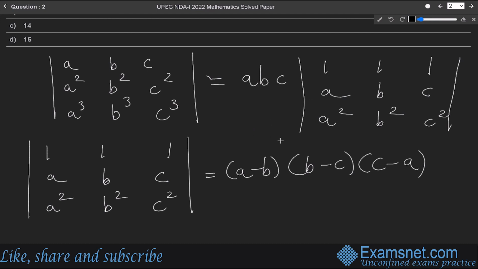You can see here that this part is in the same form. It is a fixed expansion. Whenever we are solving the questions of determinants, we have to remember this expansion.